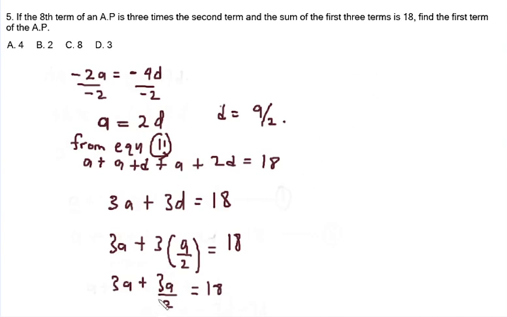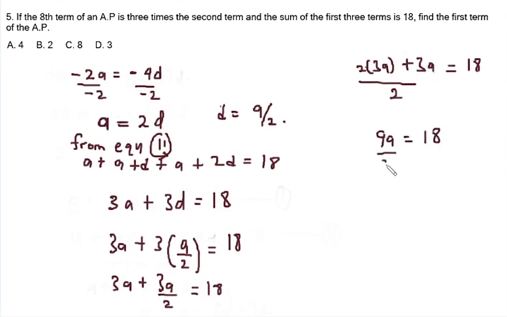If you take the LCM for both of these, you get 2 divided by 2 times 3a plus 3a is equal to 18. So this becomes 2 times 3a, 6a, plus 3a, 9a, is equal to 18 over 2.